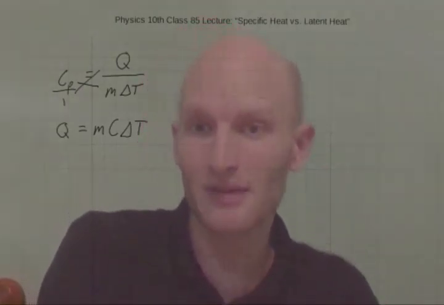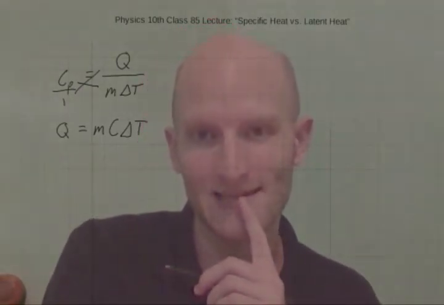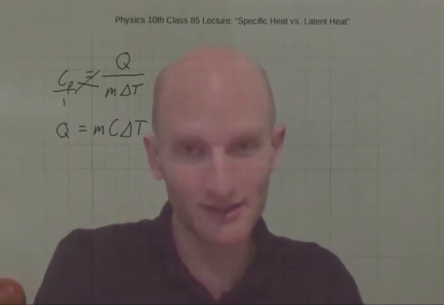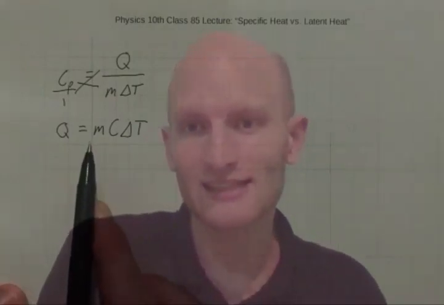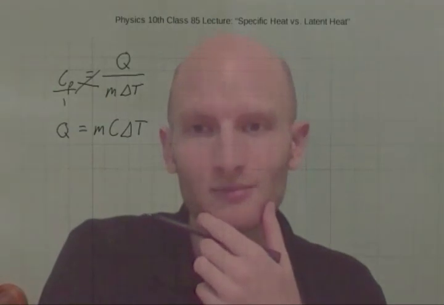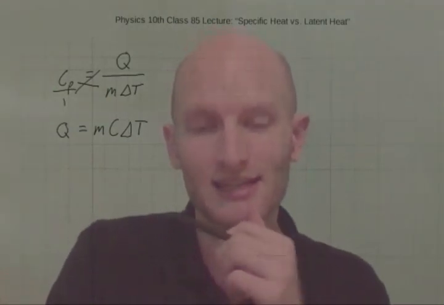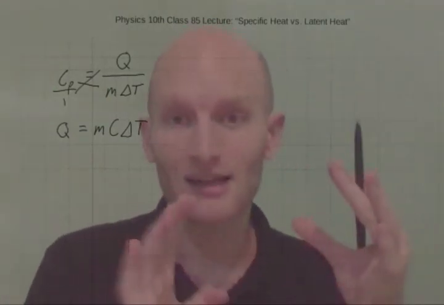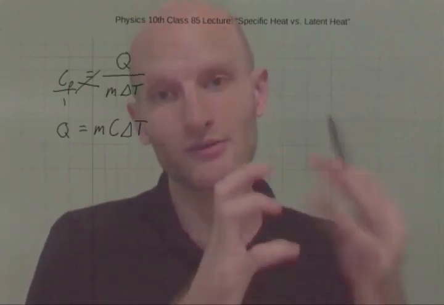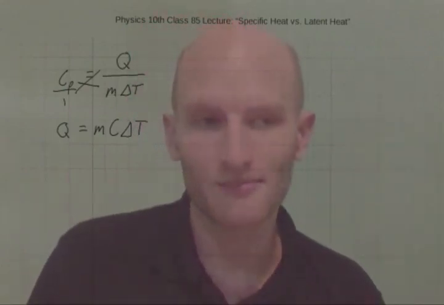Okay, so it's talking about the amount of energy required. And this is specifically when the phase of that substance does not change. This is when, for example, a solid substance remains solid, or a liquid remains liquid, or a gas remains a vapor.